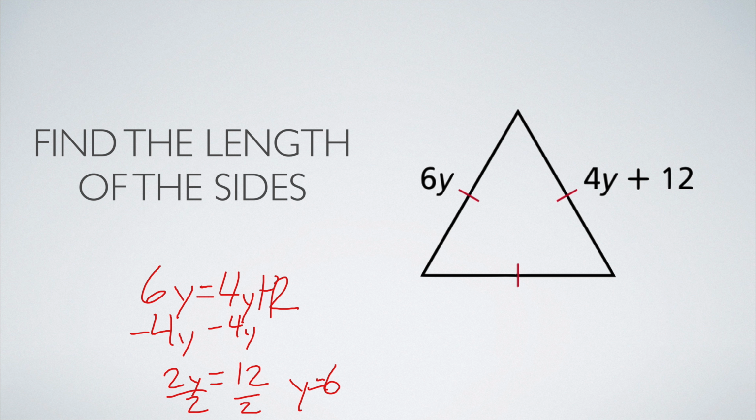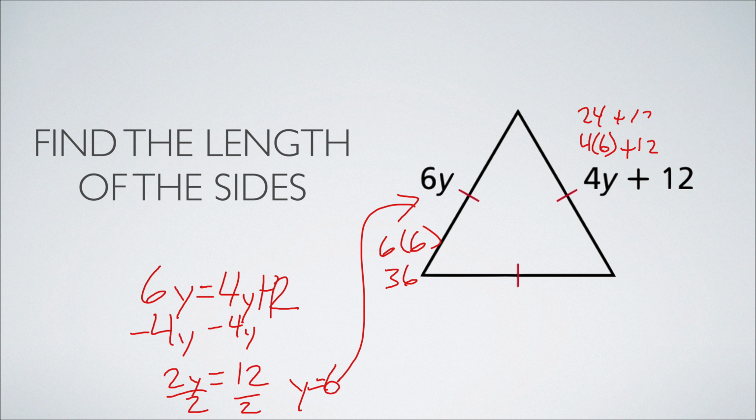But now that's not what I need. I need to figure out the length, so I plug it back in. 6 times 6 is 36. And just to confirm, 4 times 6 plus 12 is 24 plus 12, which is also 36. So yep, they are the same.